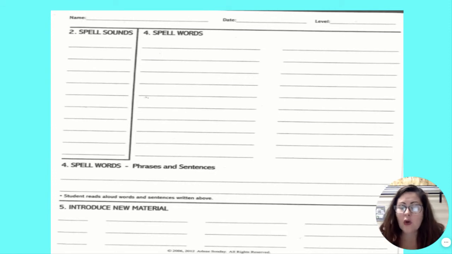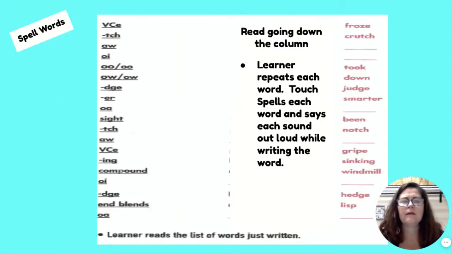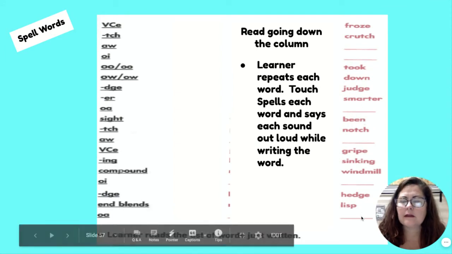Take a moment to look over the words you've written and see if there are any errors that you can see. Make those corrections now. Now we're going to look over your words. Are these the words that you have written? Check them now. If you made an error, cross it out, don't erase, and write it correctly.